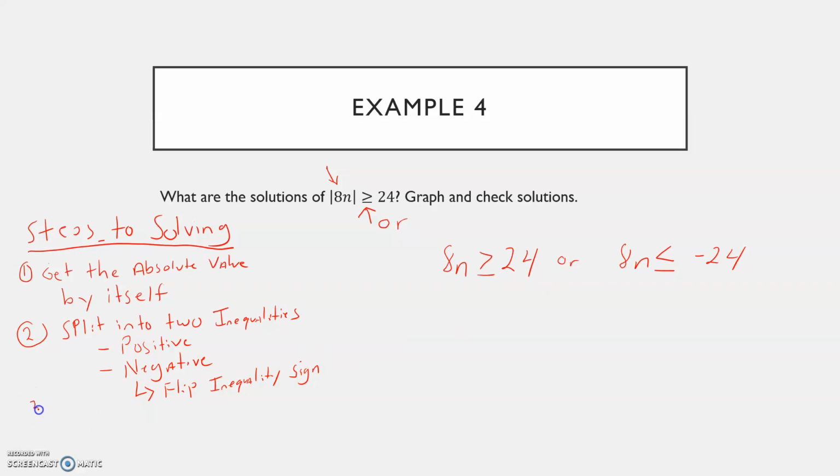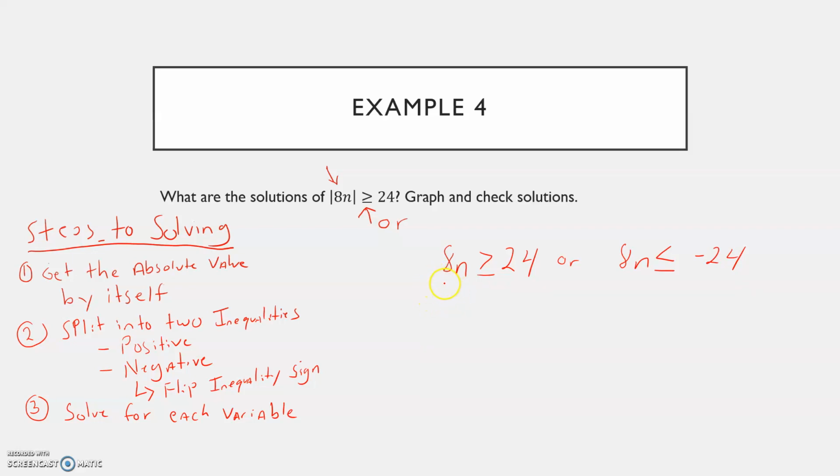And then step number 3 is that we're going to solve for each variable. We know our steps to solving. Get the variable by itself is our ultimate goal. Do we need to distribute? Do we need to combine? All of those things that are normal as we're solving equations. But ultimately, our goal is to get the variable by itself.